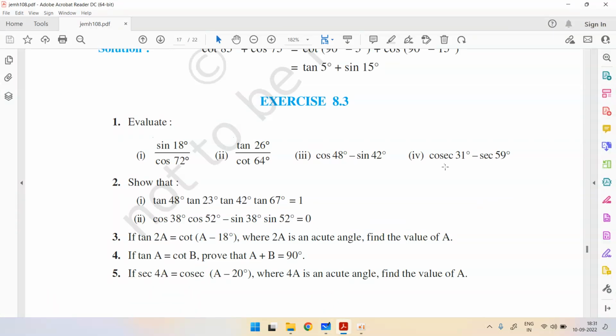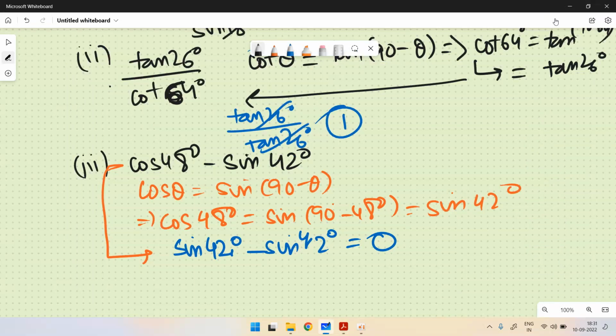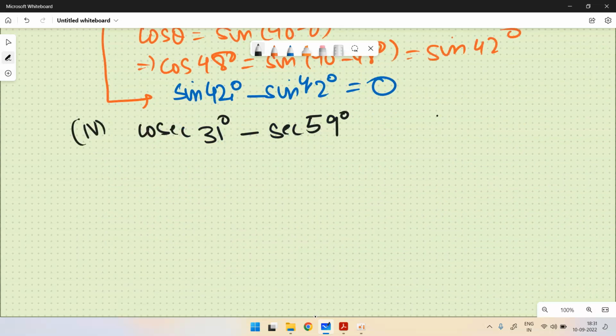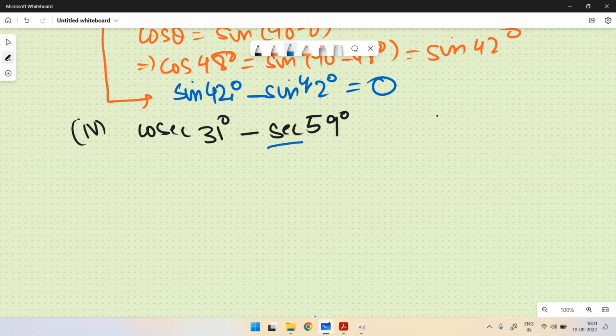Now fourth is cosecant 31 degree minus secant 59 degree. You convert either of them into the other. So I am converting the secant theta. I know that secant theta is nothing but cosecant of 90 minus theta.